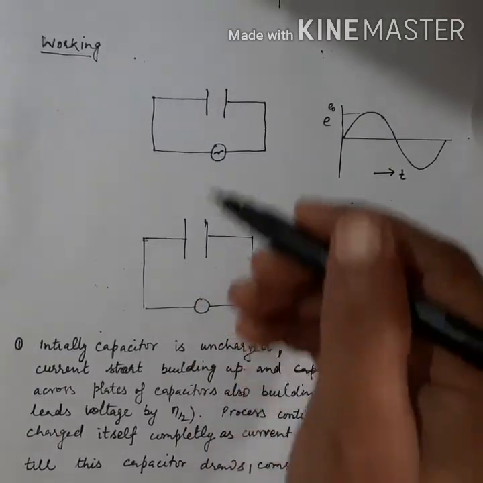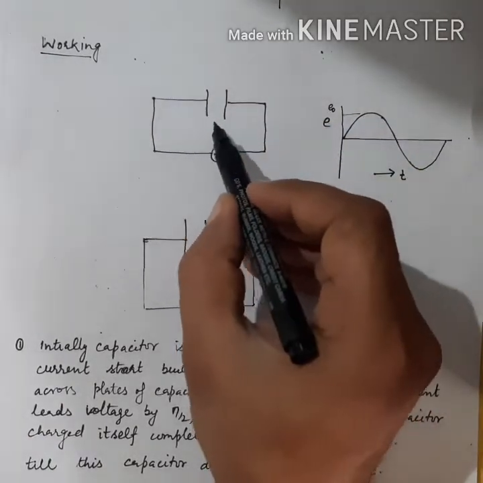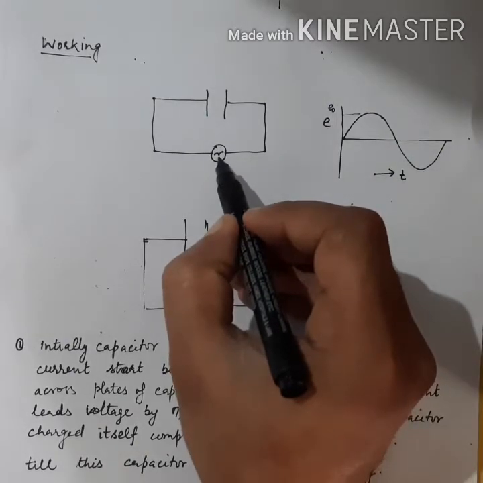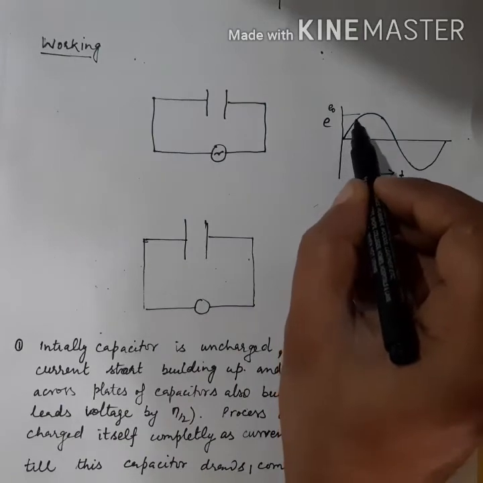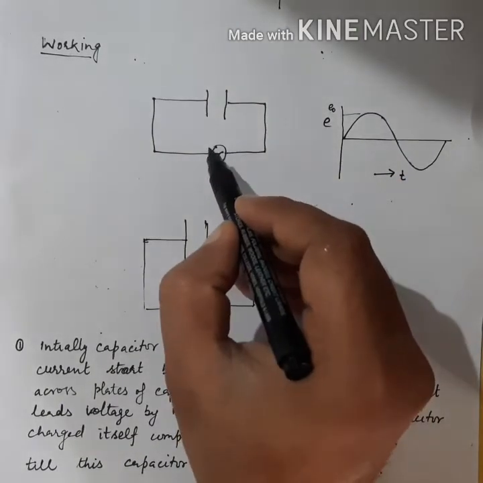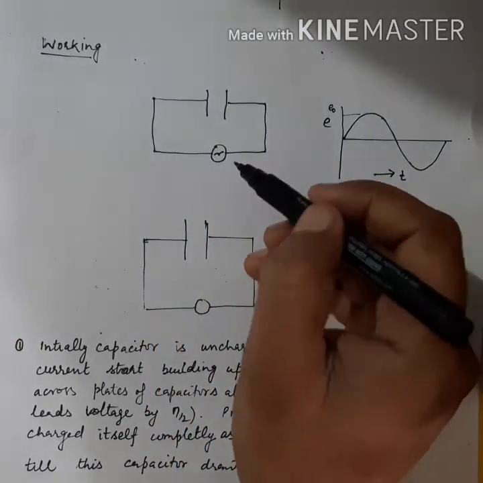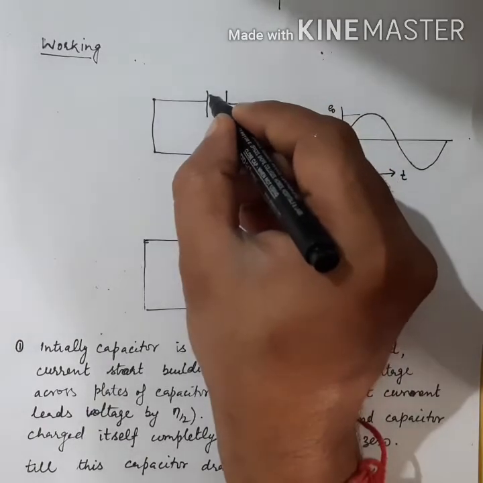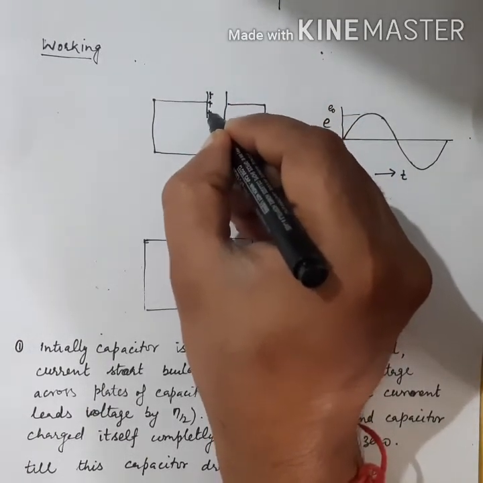Initially, I suppose this capacitor is uncharged, it doesn't have any charge. As you connect it to the AC power supply, as the voltage keeps on increasing, the current also increases, or the current already becomes maximum, and because of the maximum current the charge gets collected on this capacitor.